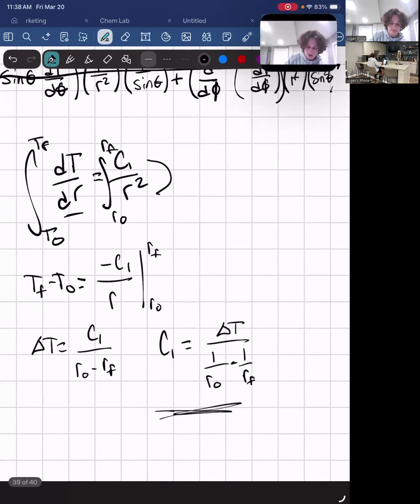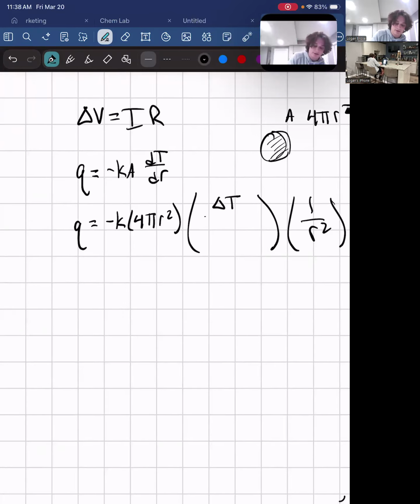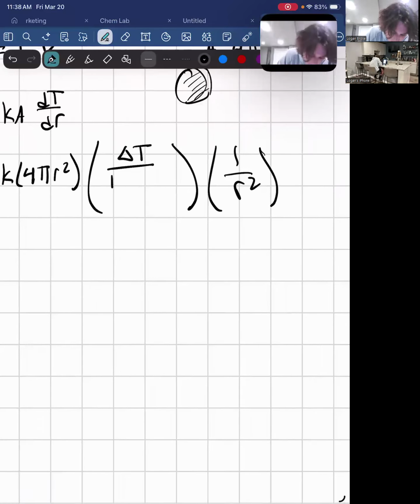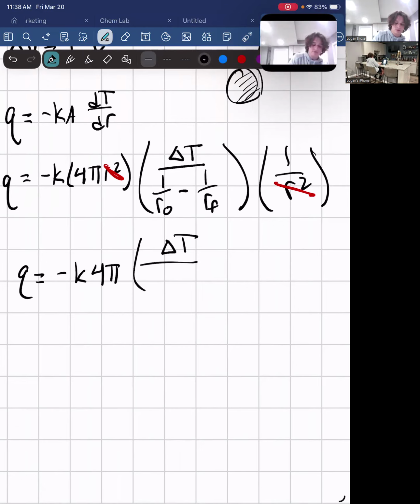our delta T over our 1 over R naught minus our 1 over R final. When we do this, we see that our r squared cancels out. And so we're left with Q equals minus K 4 pi times delta T over 1 over R naught minus 1 over R final.